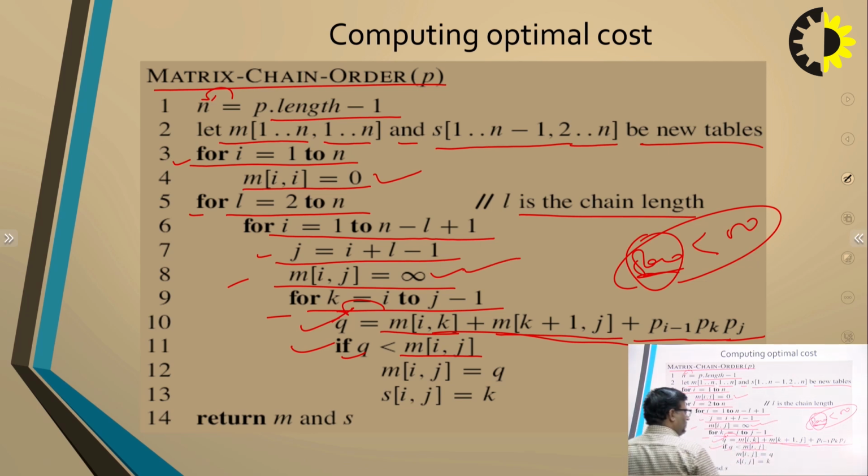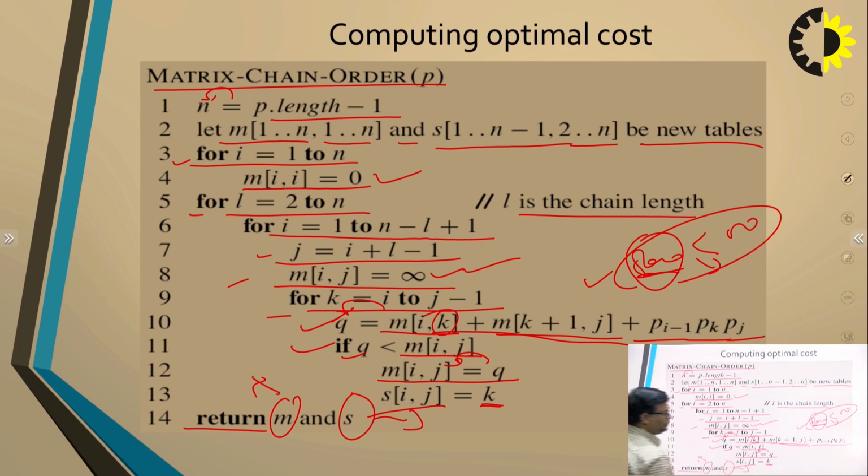As I already said, if we have any value, we compare it with infinity, and obviously the given value will be less than infinity, and that's why we consider the minimum value. So we will put the value of q in mij. Okay. Then again through the k we will record the value in the parenthesization matrix. After that we will get the return values m and s, meaning the matrix value and the parenthesization value.